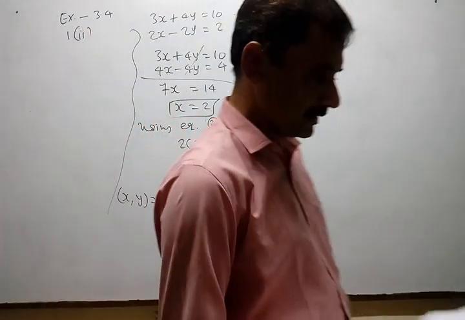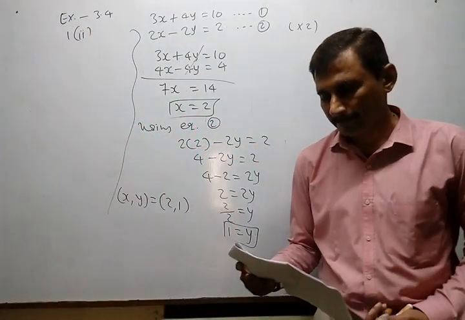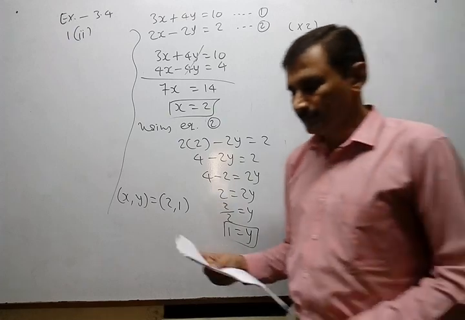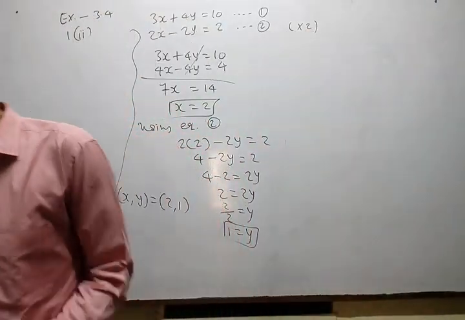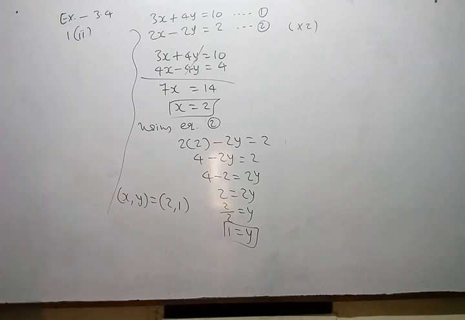Now look at number 3. 3x minus 5y minus 4 equal to 0 and 9x equal to 2y plus 7.